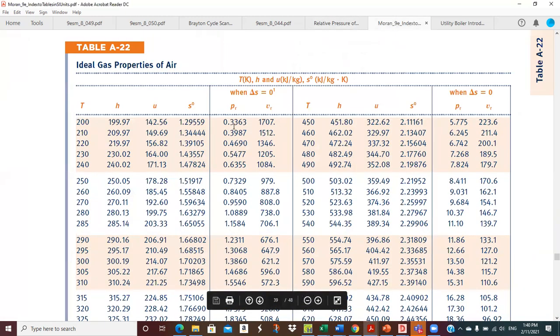You go there, and you have a column here, and these go with, like at 200 K, P sub R, the relative pressure, is 0.0333. And so this is very handy when you're working these problems to use this relationship. I'm going to show you a couple of solutions here in a second, and that's what gets used. So I wanted to make sure that everybody was together on what I was doing. Okay.